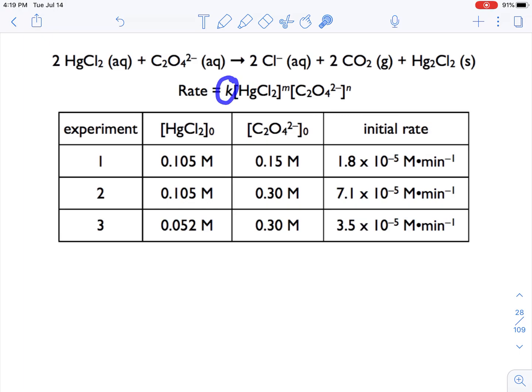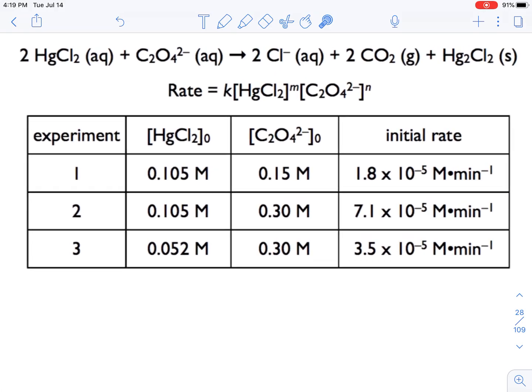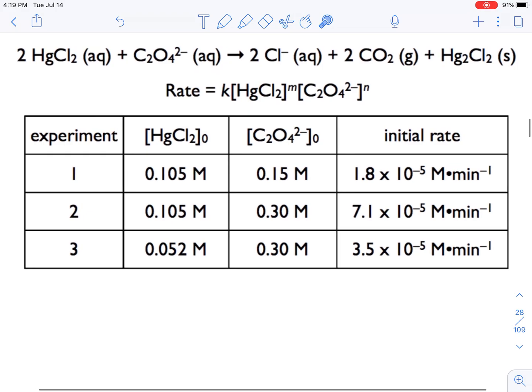Now, to write a complete rate law for this specific reaction, we essentially need to solve for two pieces: one, the rate constant K, and two, the orders of reaction with respect to each reactant. To do this, we're going to look at the kinetic data that's given. Much like I mentioned in the previous slide, method of initial rates requires that multiple trials be done.